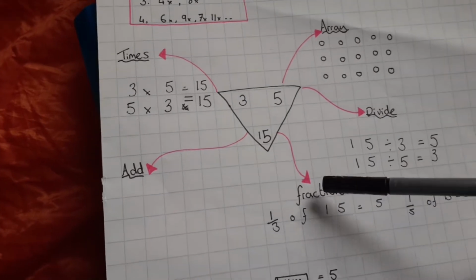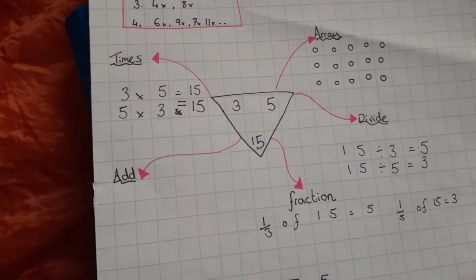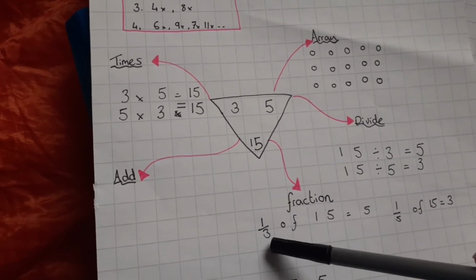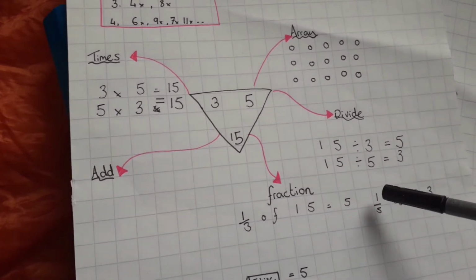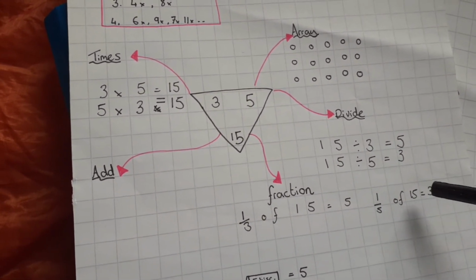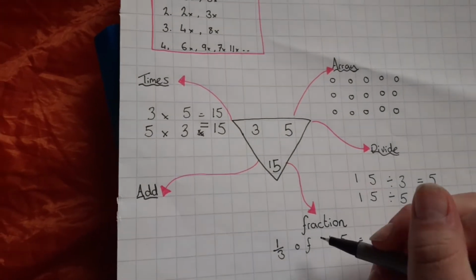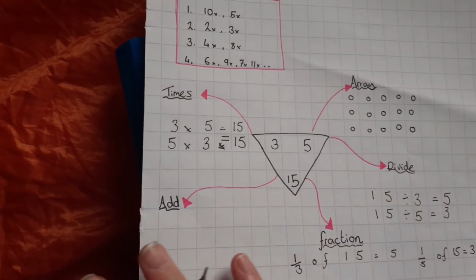If I was really pushing the boat out here, I might be able to tell you that 2/3 of 15 is 10, and that 2/5 of 15 is 6. That will be pushing it even further. That will be quite impressive.